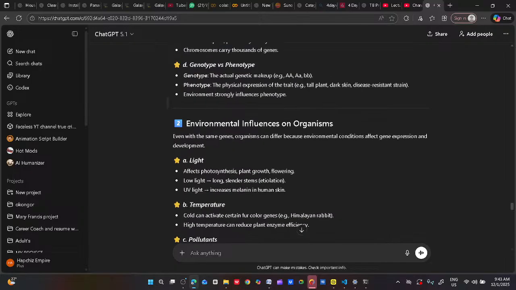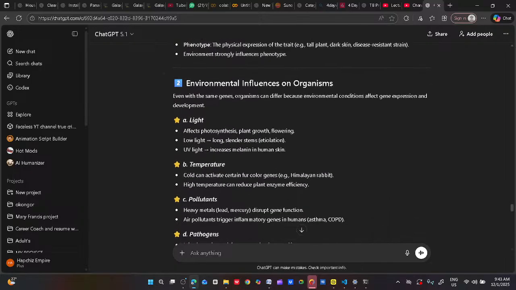Now, the second aspect is that we want to know the environmental influences on organisms. Even with the same genes, organisms can differ. You know, I've been saying it. Organisms can differ because environmental conditions affect gene expression and their development.